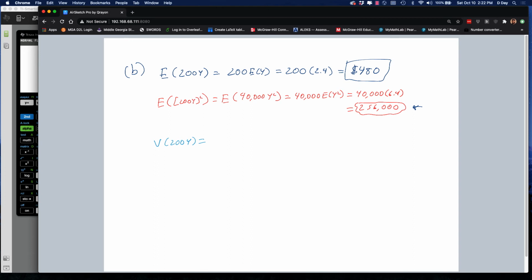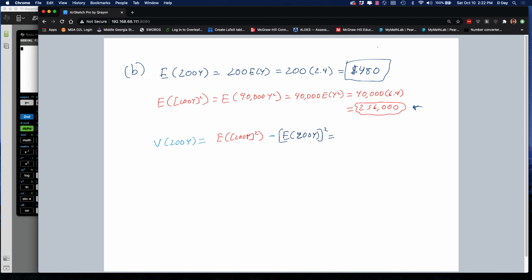Well, that's just going to be us taking the expected value of 200y squared, minus the expected value of 200y, all squared.